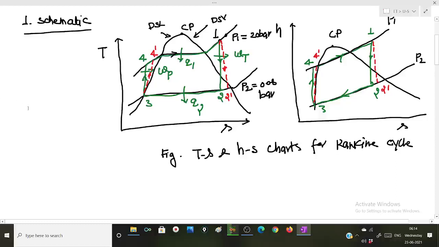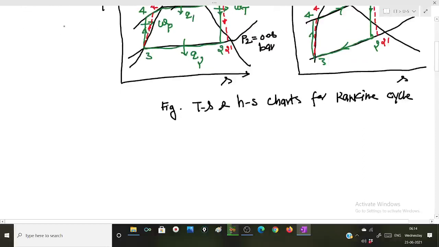After drawing the schematic, let us enlist all the given parameters. In the problem, we have been given boiler pressure as 20 bar, and the temperature of the steam at inlet to the turbine is given as 360 degrees Celsius.